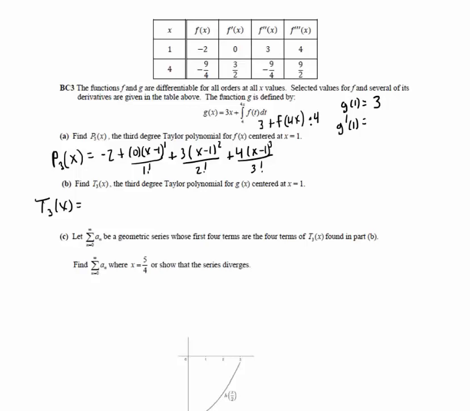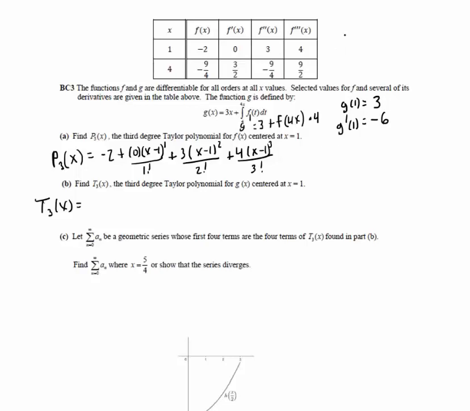So that's the first derivative. When I plug in 1, I get 4 times 1 is 4. F at 4, oh, well, I got to get that from the table, is -9/4 times 4. I'll cancel that 4 on the bottom, which gives me -9, and 3 plus -9 gives you -6. Okay. So I got to do a little bit of work. And that was g prime.